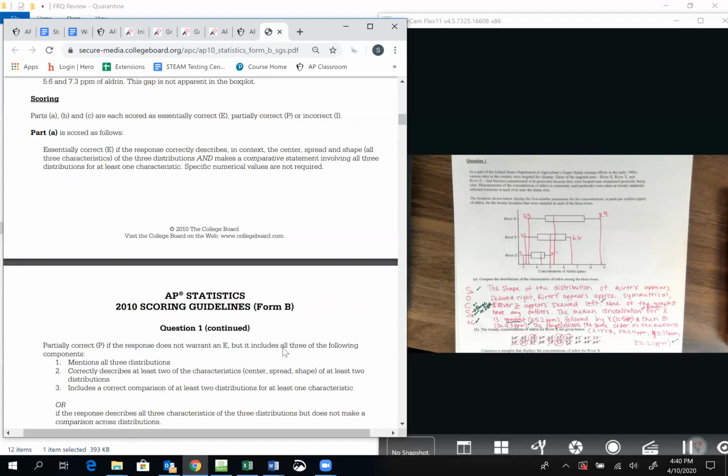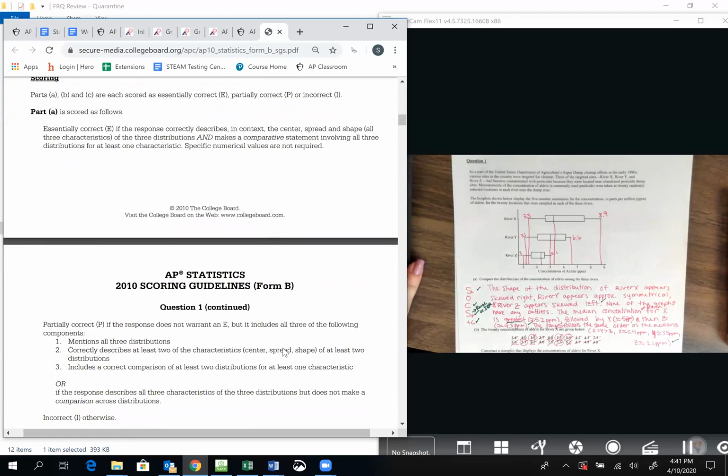You correctly describe at least 2 of the characteristics, center, spread, shape, of at least 2 of the distributions. You include a correct comparison of at least 2 distributions for at least one characteristic. So you had to have some sort of comparison. You had to talk about at least 2 of the characteristics, but you could have forgotten one of them. But you had to mention all 3 at some point.